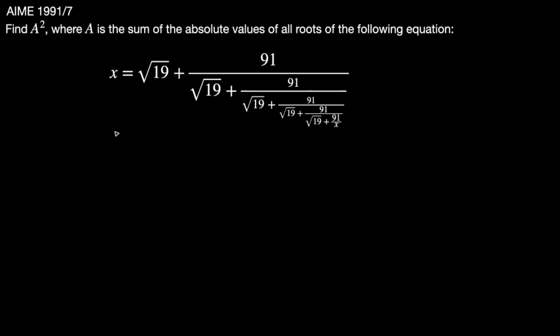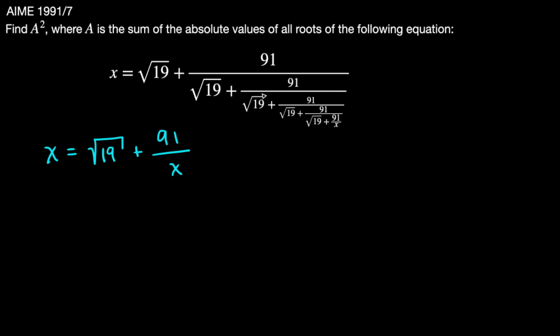So that means that this value of x, whatever values of x satisfy this, must also satisfy x equals root 19 plus 91 over x. So that's the key here.